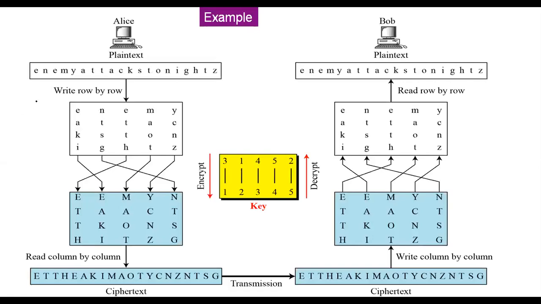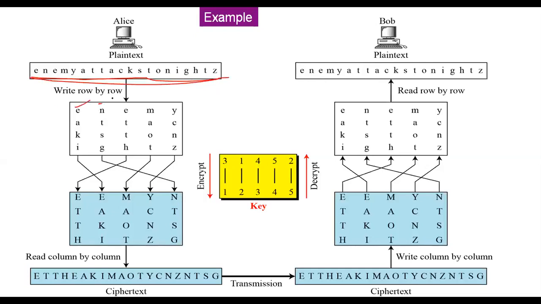Now see this example. Alice wants to send "enemy attacks tonight". Just write this message row by row in 5 columns.